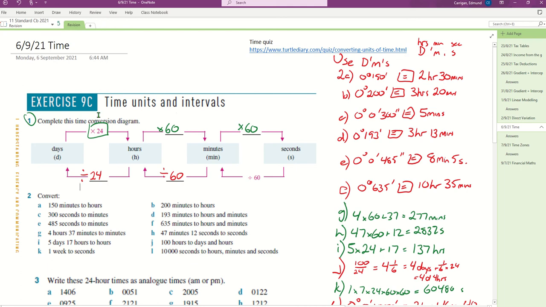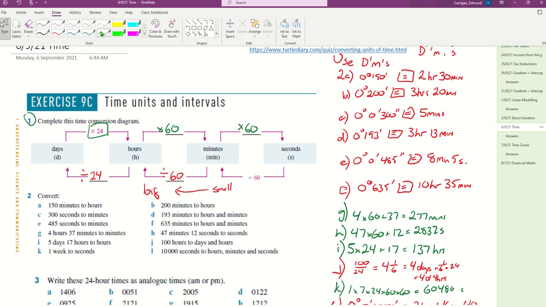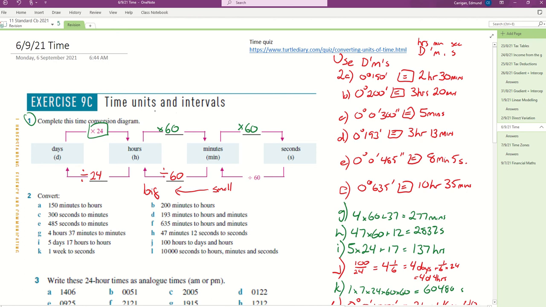Remembering that if we're going from small units to big units, we are dividing. If we're going the other way, from big units to small units, we are multiplying.